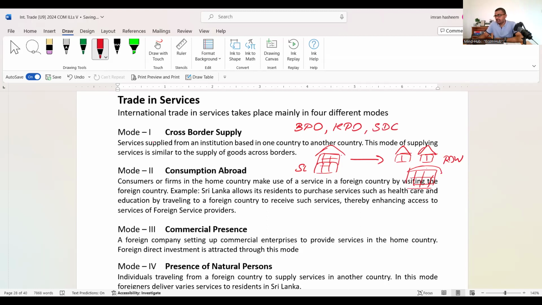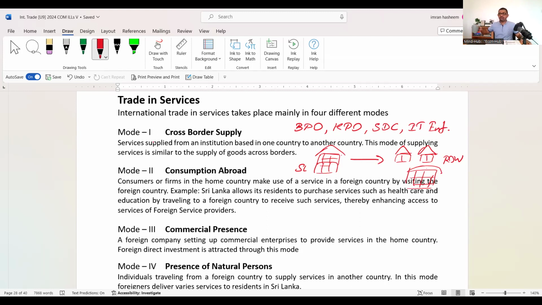Then other IT related ventures, or we say enterprises. These are examples where the company is Sri Lankan, it's in Sri Lanka, but they offer services to clients in other countries. What is BPO?